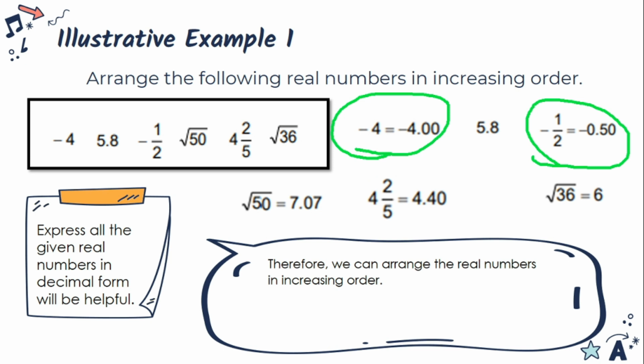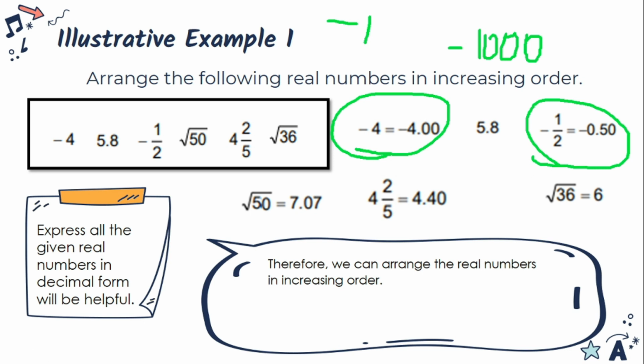Ano ang mas mababa dyan? Is it negative 4 or negative 0.50? Okay. Bibigyan ko muna kayo ng mas malinaw pang example para malaman natin to. If I have your negative 1 and I have negative 1,000, alin dyan yung mas malaki yung value? 'Di ba? Yung negative 1. Okay?